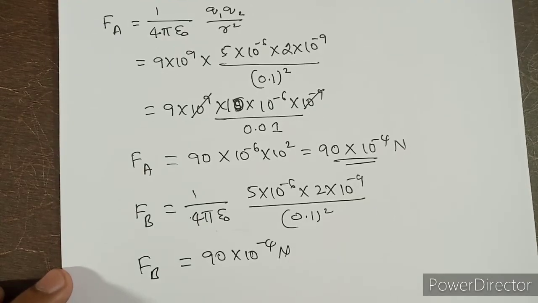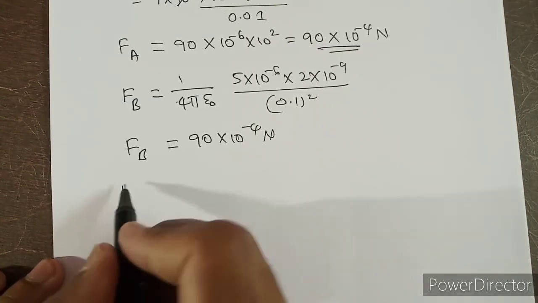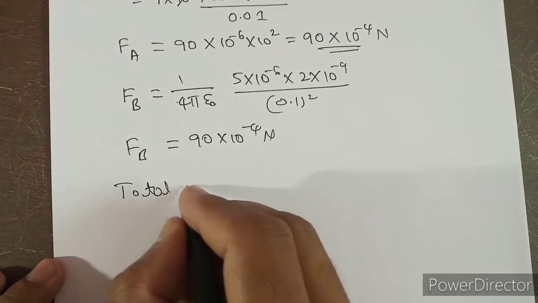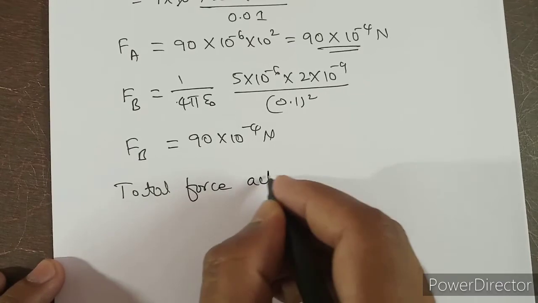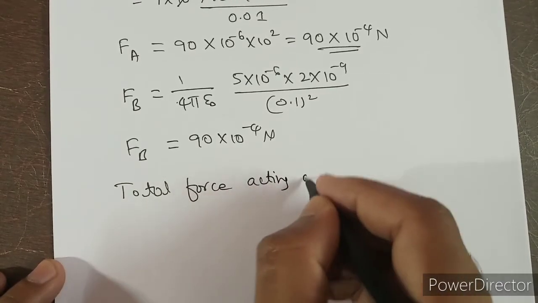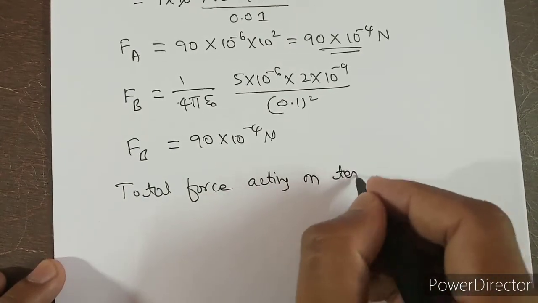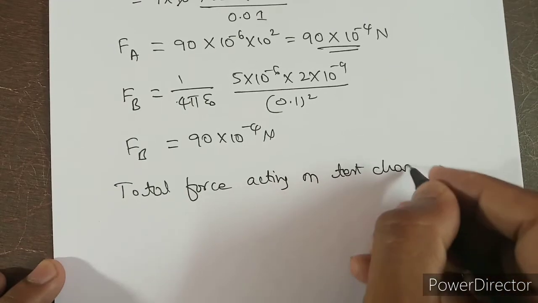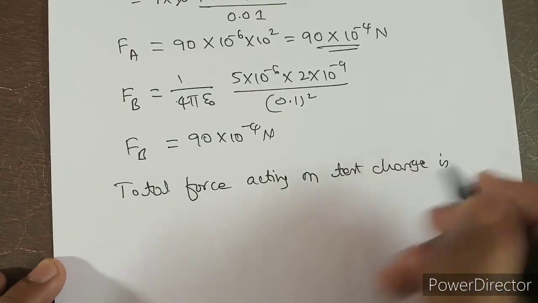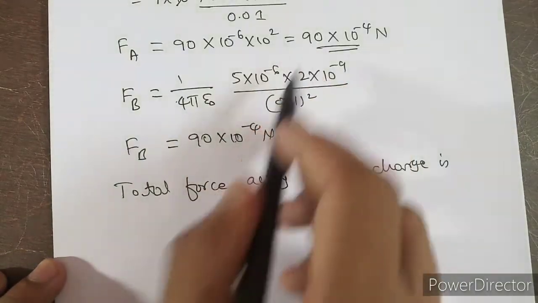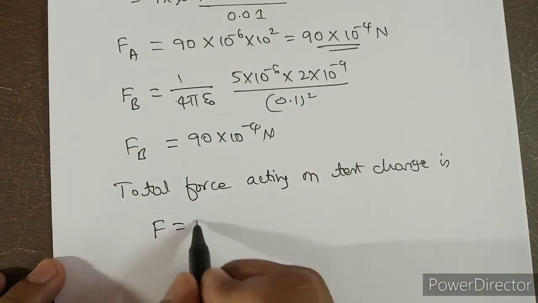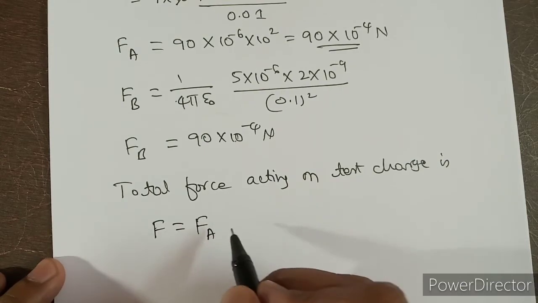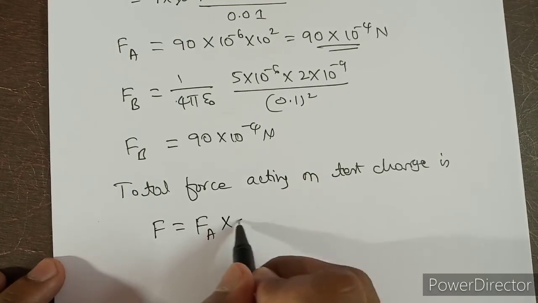So the total force acting on the test charge is, since the magnitudes are the same, I can consider F equal to FA into 2 times.